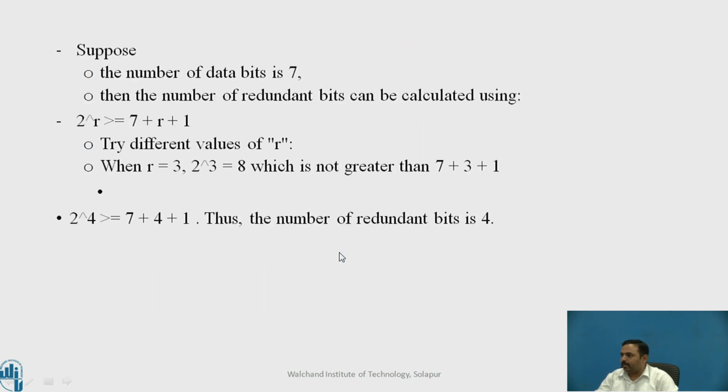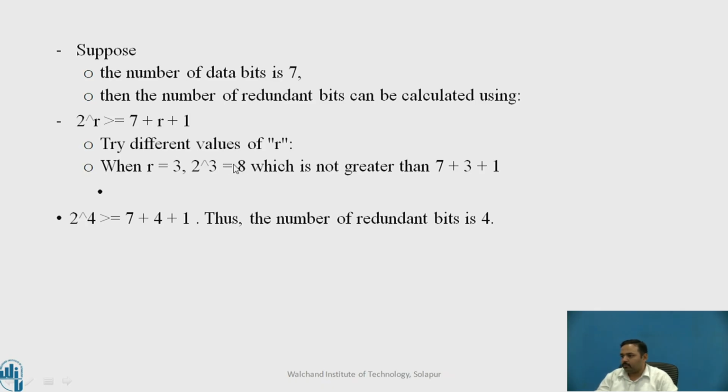Suppose the number of data bits is 7. We have 7 bits of data, a 0101 combination of 7 bits. Then the number of redundant bits can be calculated using this formula: 2 raised to r greater than or equal to 7 plus r plus 1. 7 is the number of data bits, r we have to calculate.